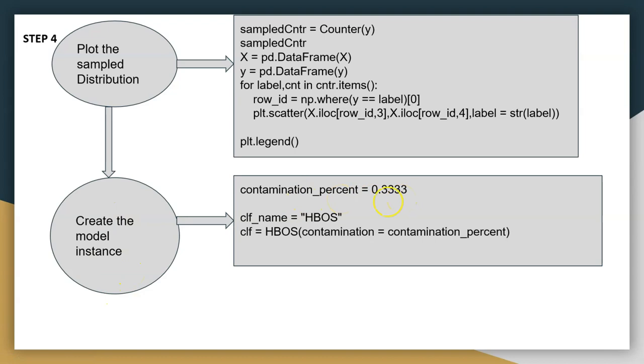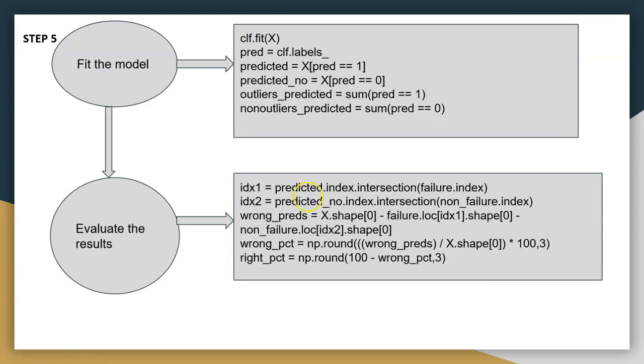You can give 40% also, or a lesser 25% also. Play with it, entirely up to you. And then we fit the model and we evaluate the results, right? So this is how we go about building the model for predictive maintenance.